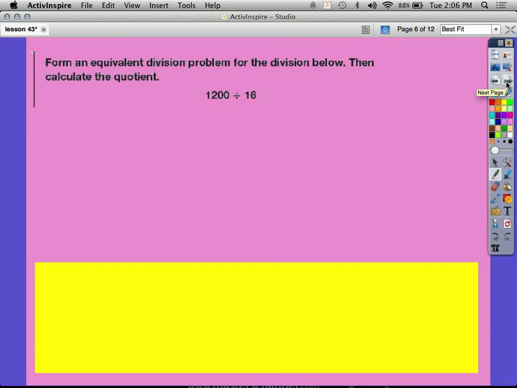So this says form an equivalent division problem for the division below. Then calculate the quotient. So if I think about this as 1,200 divided by 16, I have to think about how many times 16 goes into 120. That seems hard to me. If I put it in a fraction, right away, I know I can divide both numbers by 2.